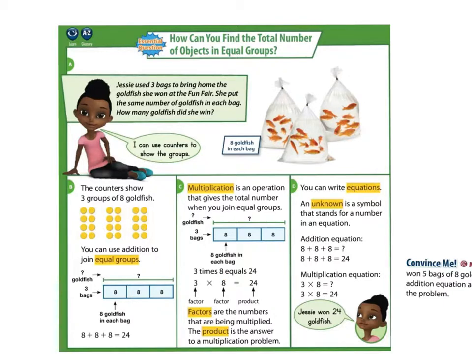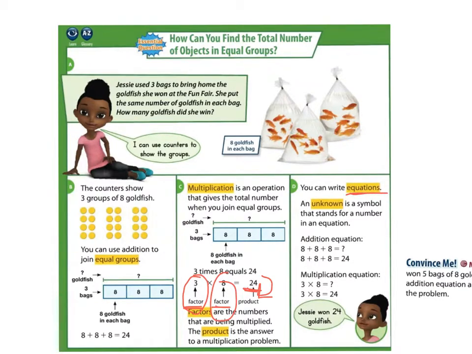Something important to know is that the numbers you are multiplying together are called factors. The answer to that multiplication problem is called a product. Factors are the numbers that are being multiplied, and the product is the answer to the multiplication problem. You can also write equations.